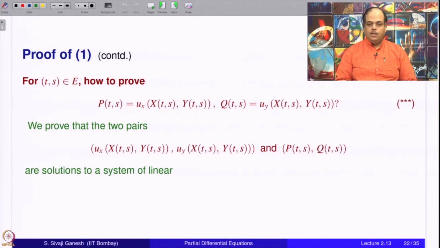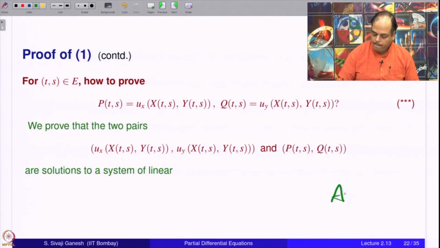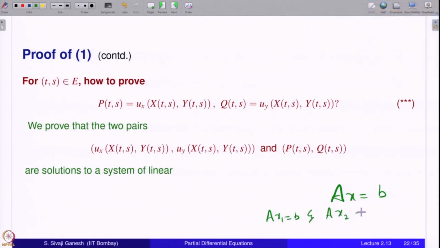The same system has a unique solution because the coefficient matrix there will be invertible. Therefore, the solution must be the same. We know that for the system Ax equal to b, if you have Ax1 equal to b and you also know that Ax2 is equal to b, that would imply x1 equal to x2 if you know that A is invertible.